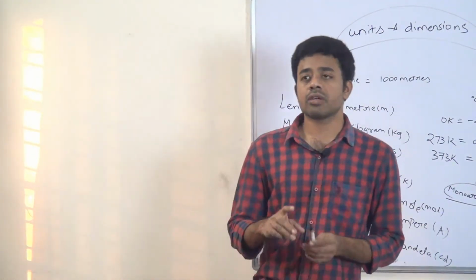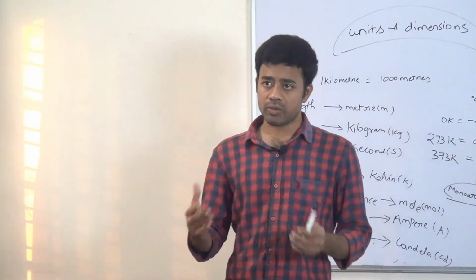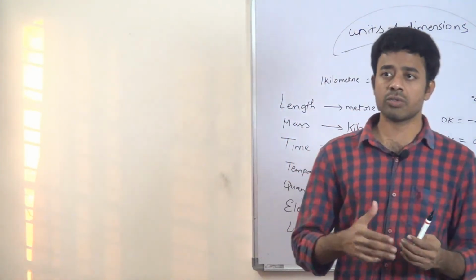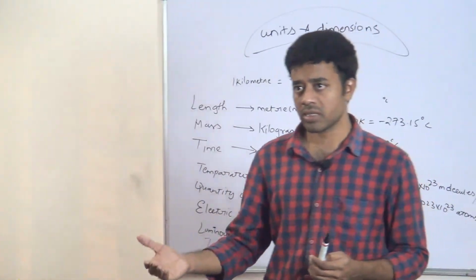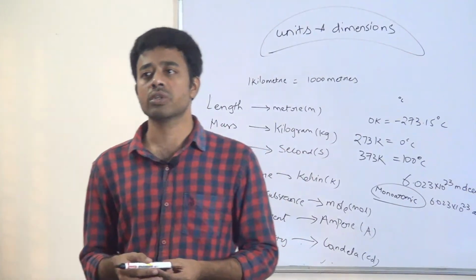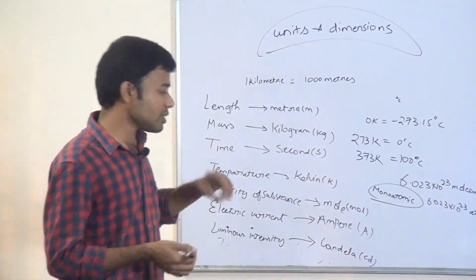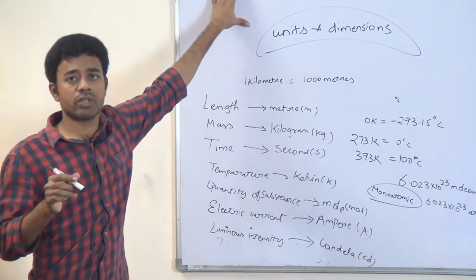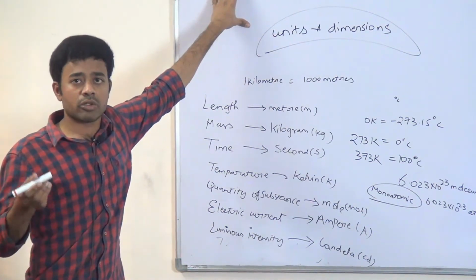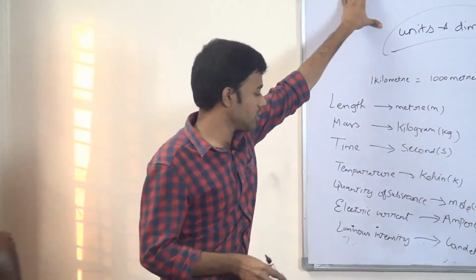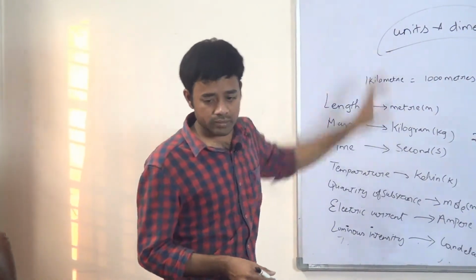So here 1 ampere is the amount of current flowing through two wires which are parallel to each other, which are separated by a distance of 1 meter, if the wires cause a force of 2 into 10 to the power of minus 7 newtons in between them.